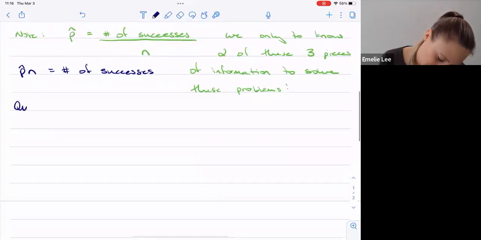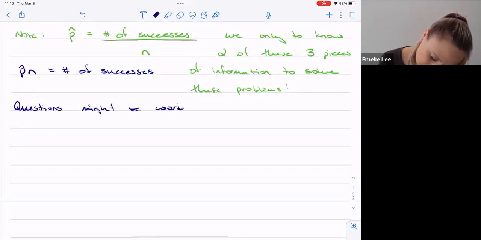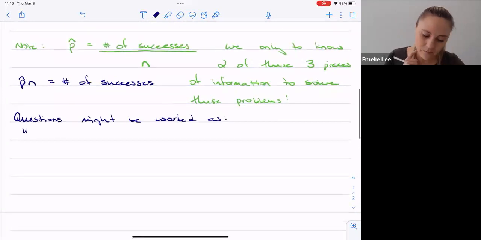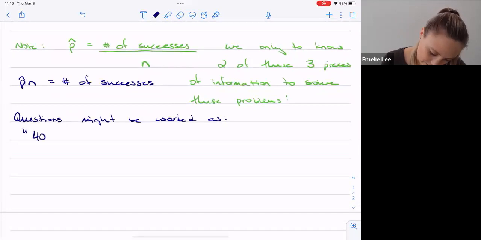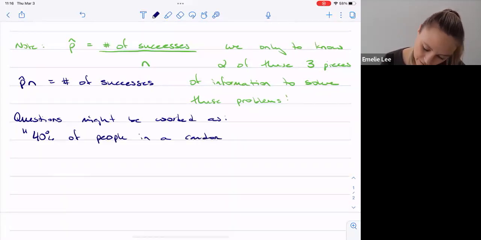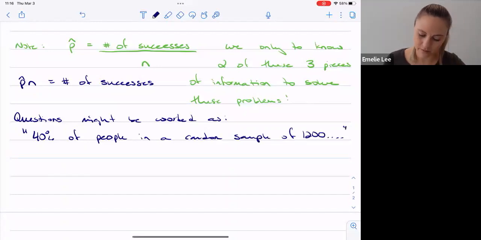So questions might be worded as, let's see here, 40% of people in a random sample of 1,200, right?